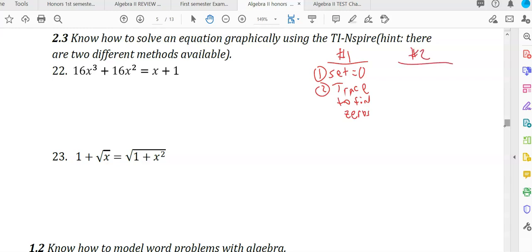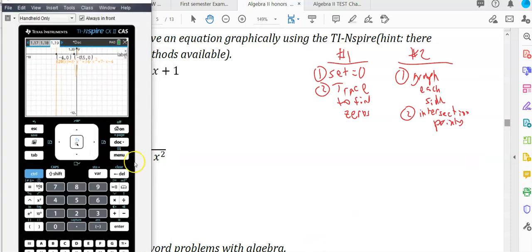Method number 2, graph each side, and you're looking for the x values of the intersection points. I think most people tend to like method number 1 better, but get your calculator out.